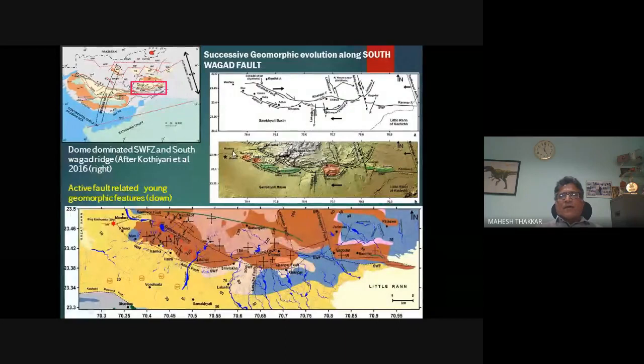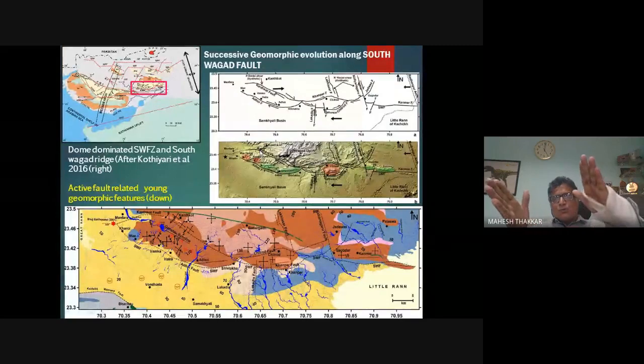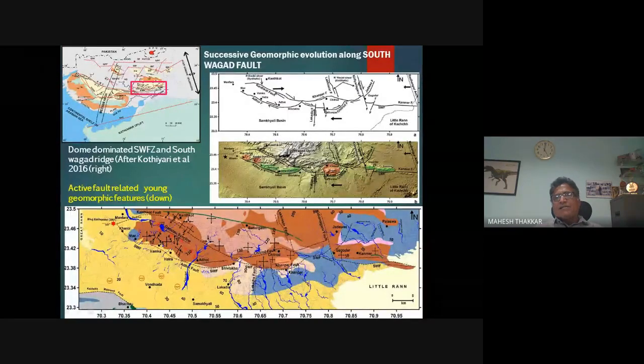Basically it merges into one point, then has two branches, and again merges at one point, then again has two branches, and again merges at one point. So we have a single fault structure, a double fault zone, again a single fault, a double fault, a single fault, and then a single fault. So it has single and double fault zones.